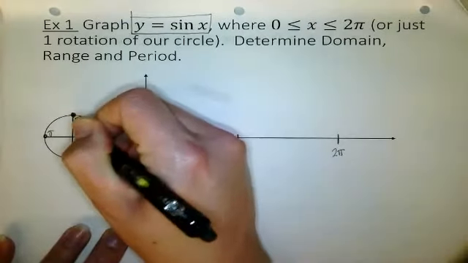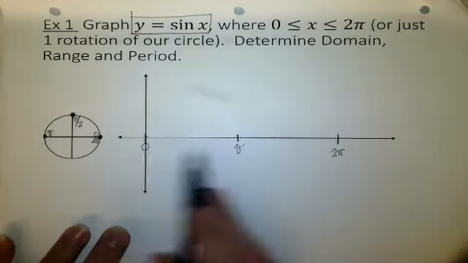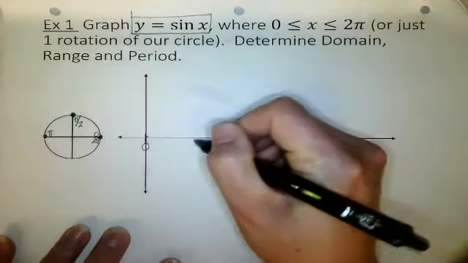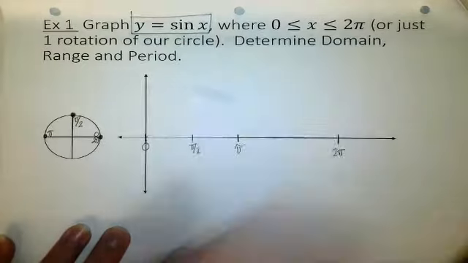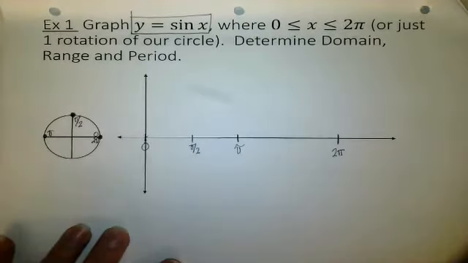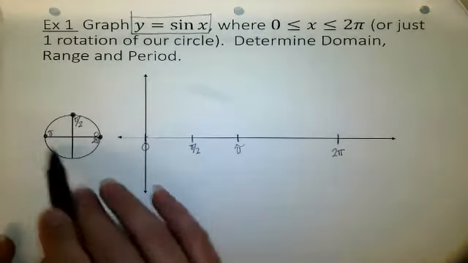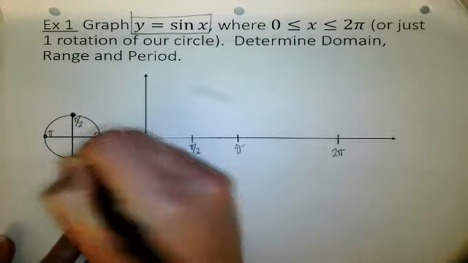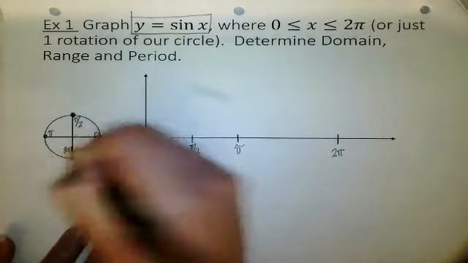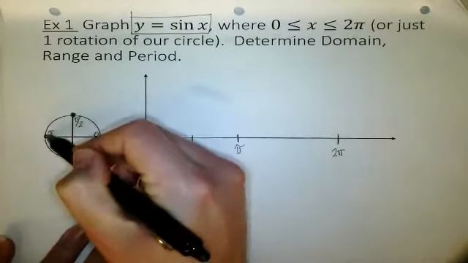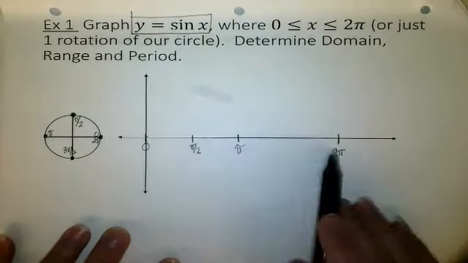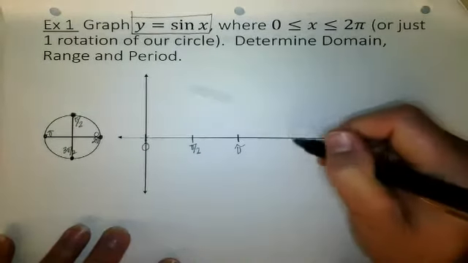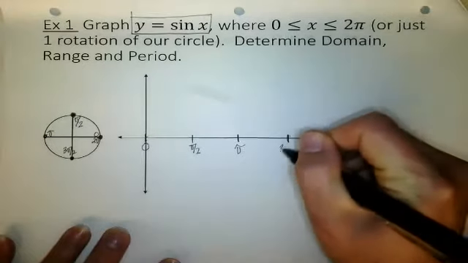Pi over 2, right? Okay, so halfway between 0 and pi is pi over 2. What's halfway between pi and 2 pi? 3 pi over 2, yeah. 1 pi over 2, 2 pi over 2, 3 pi over 2. Halfway between pi and 2 pi is 3 pi over 2.